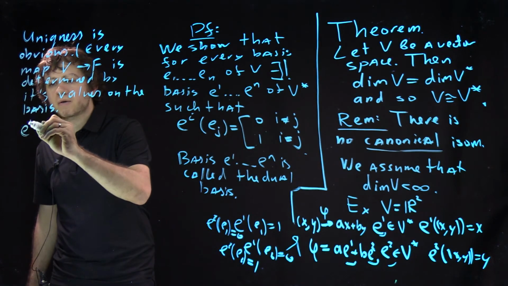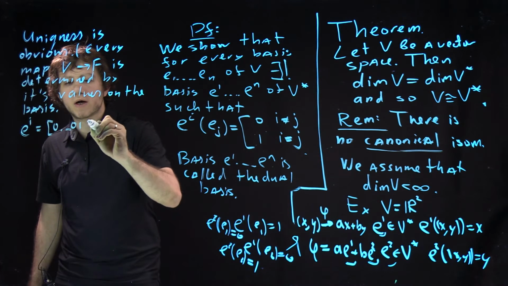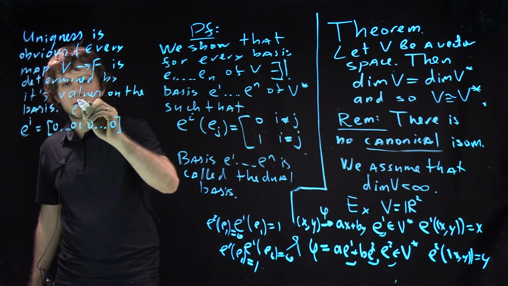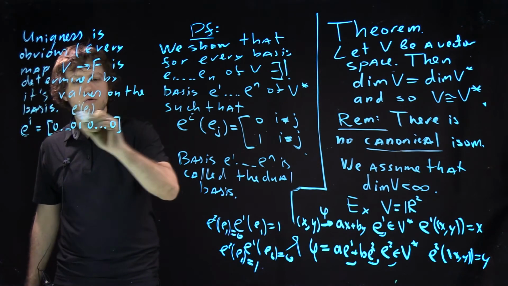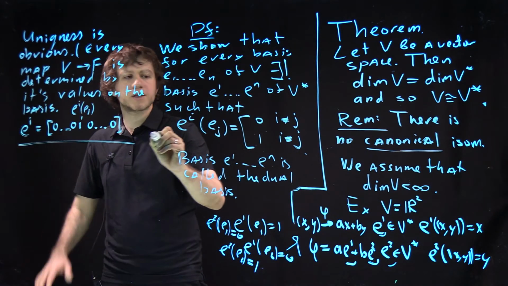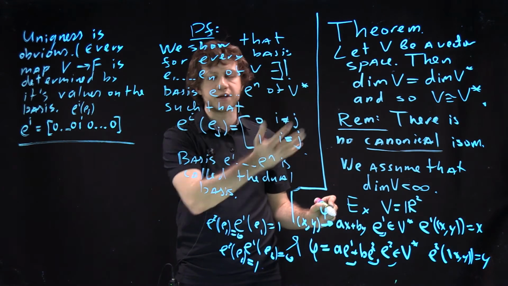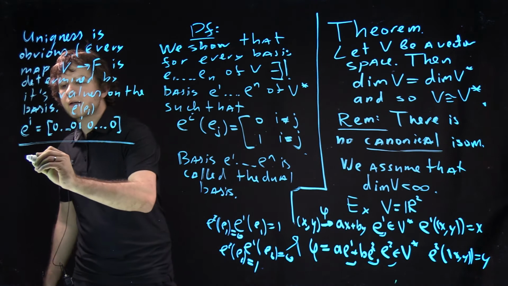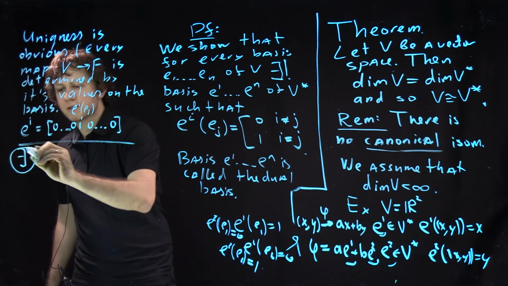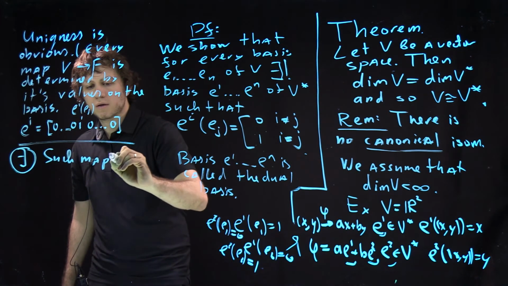If you want to write them down in matrix form, you just see that this will be a matrix 0, 0, 0, 1, 0, 0, 0. This is just ei of ei is 1, and all other entries are 0. So uniqueness is completely obvious from the theorem about linear maps from one vector space to another. And now let's go to existence. So such maps exist.